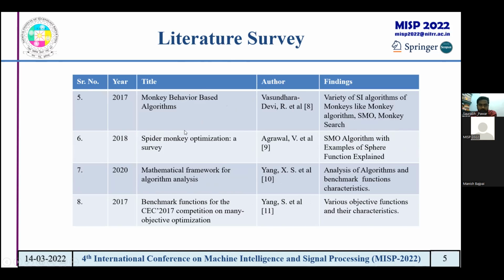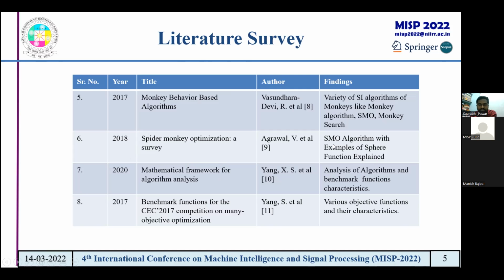There is one more family, the monkey behavior based algorithms. Paper number 5 is one reference for it, a survey paper where the behavior of monkeys is studied and the various algorithms categorized using monkey behavior are given. One of them is the spider monkey optimization algorithm, and there is research work in paper number 6 by Agarwal V. and others.